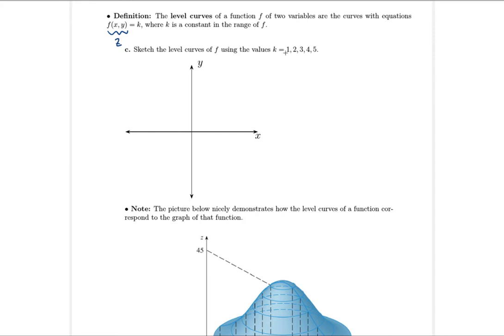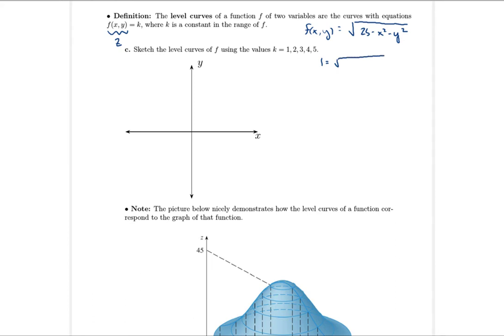So it asks us to do this for k equals 1, 2, 3, 4, 5, right? And from the last page we know we're working with this, right? Square root of 25 minus x squared minus y squared. So let's go through and do each of these. Let's do k is equal to 1.